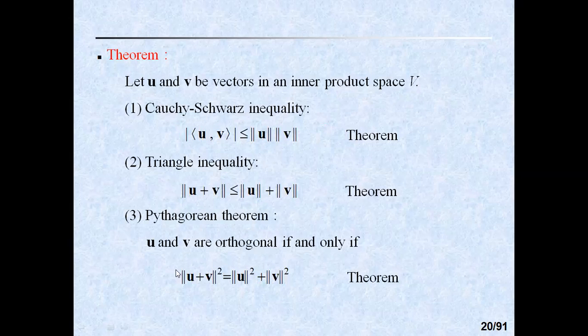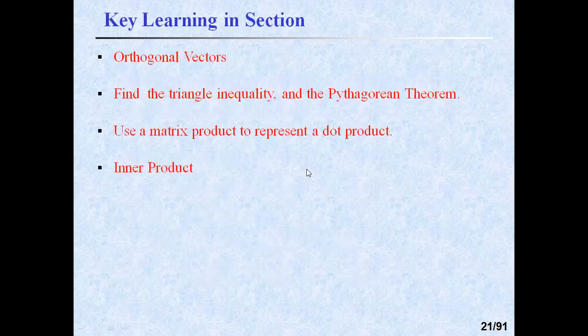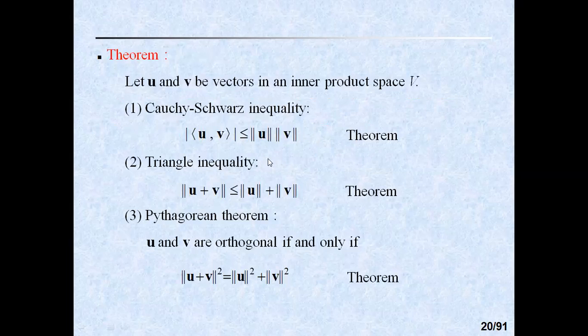Pythagorean theorem: u and v are orthogonal vectors if and only if norm u plus v whole square is equal to norm u square plus norm v square. These are the three important points in the inner product space V. Mainly remember the Cauchy-Schwarz inequality, triangle inequality, and Pythagorean theorem.